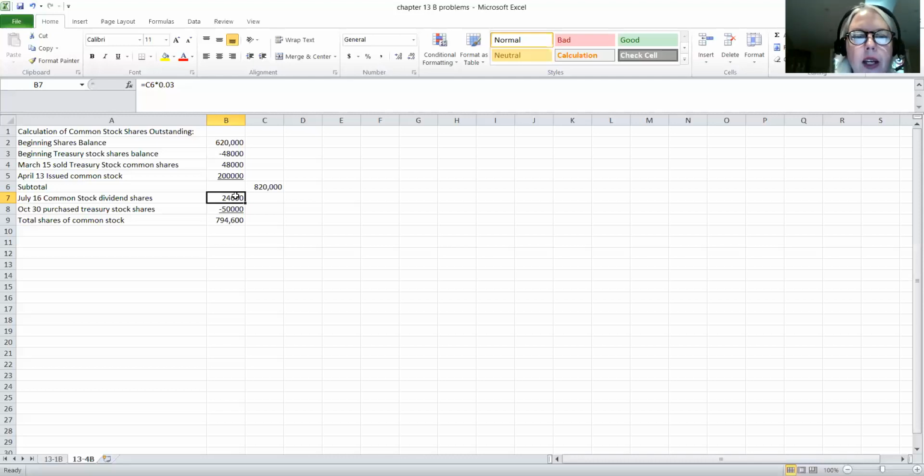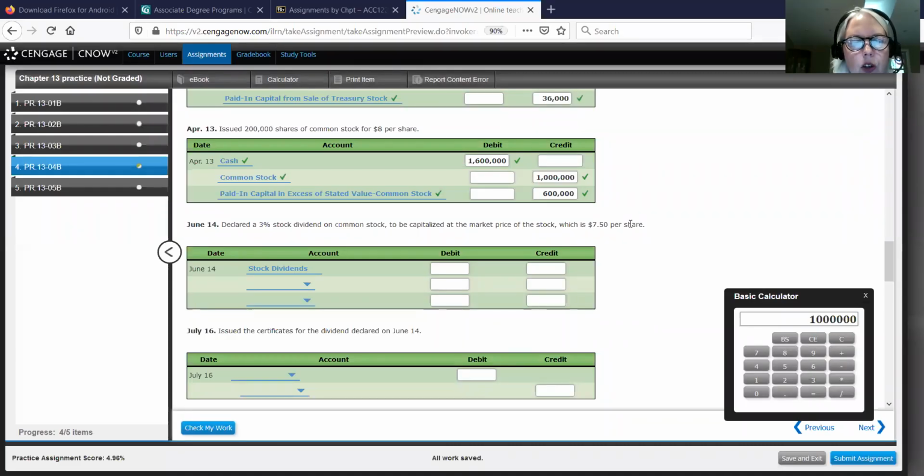So I'm going to go back to Cengage and stop sharing this with you for a moment. And then I'm going to share with you Cengage again. So you should be able to see Cengage now.